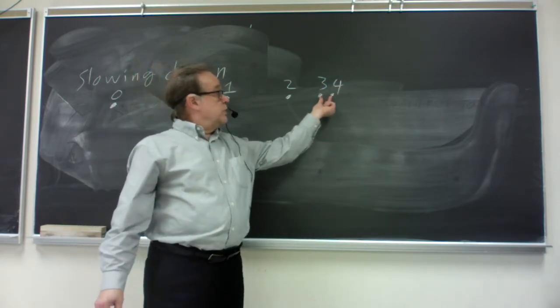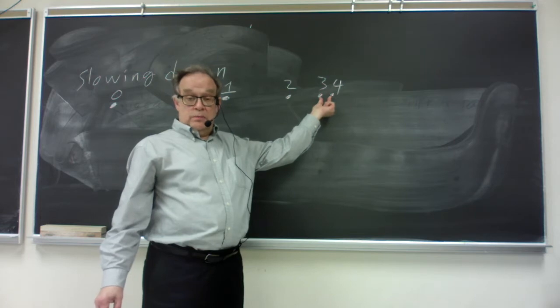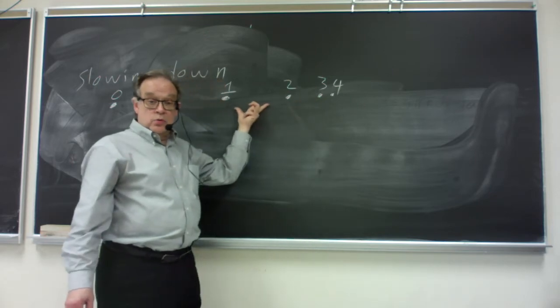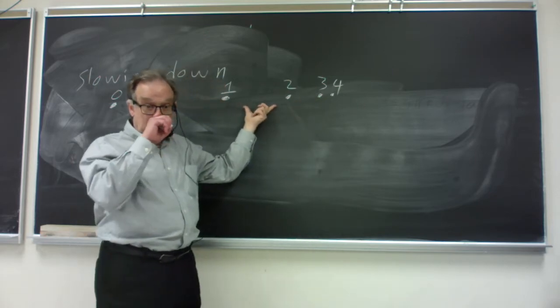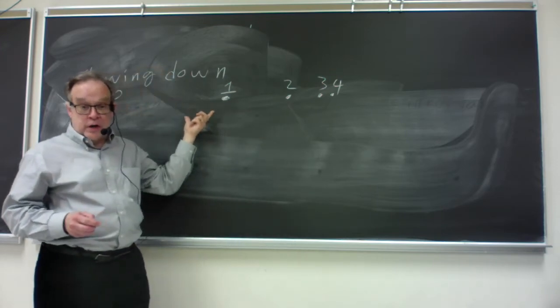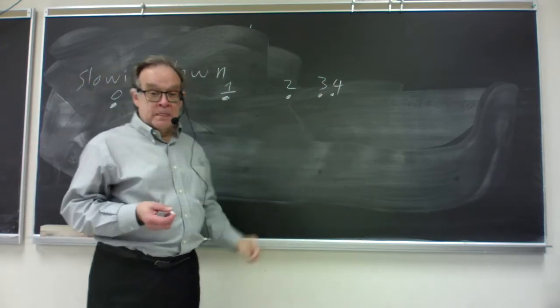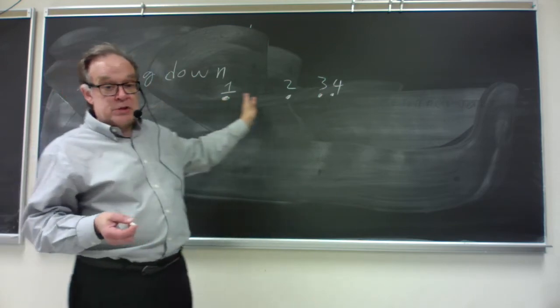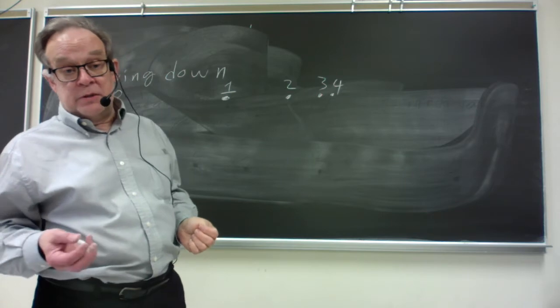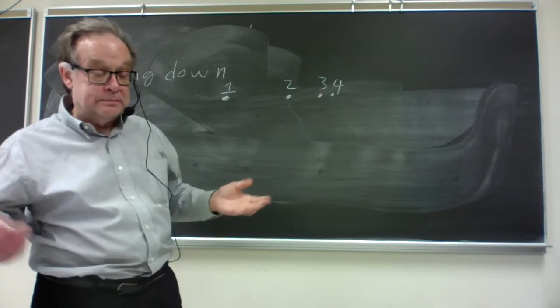It traveled only this far during the fourth time interval, which is a shorter distance than it traveled during the third time interval, which is a shorter distance than it traveled during the second time interval, which is a shorter distance than it traveled during the first time interval. As time goes by, the spacing between dots decreases, and that's how you indicate an object is slowing down.